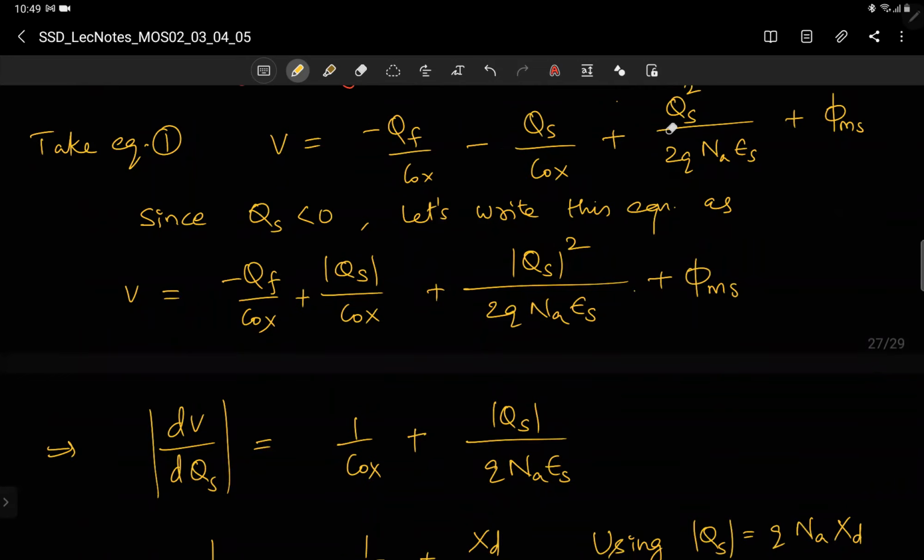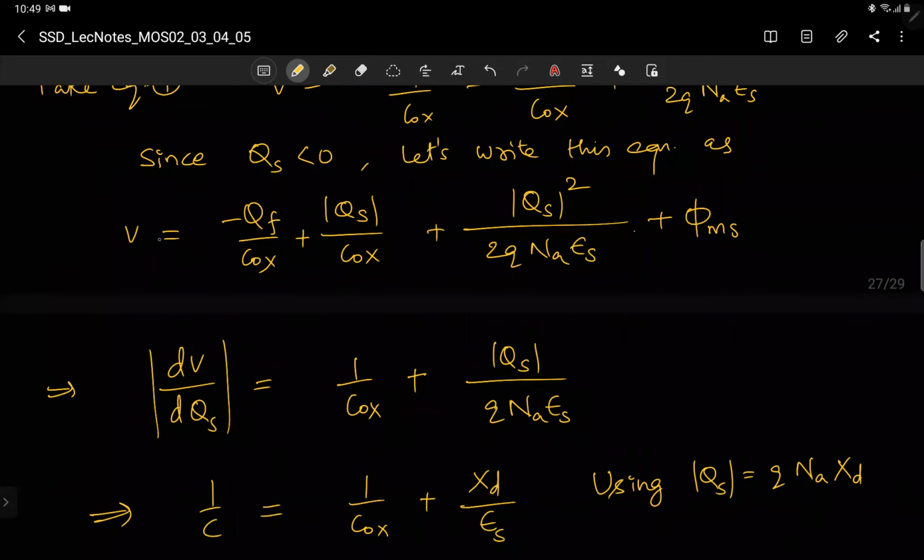And then there is Qs square, which I write as mod Qs square. Now if I take the derivative with respect to mod Qs, I still call this dV by dQs. You will have 1 by Cox, and here you will have 2 times mod Qs, so the 2 cancels, giving mod Qs by Qna epsilon s.